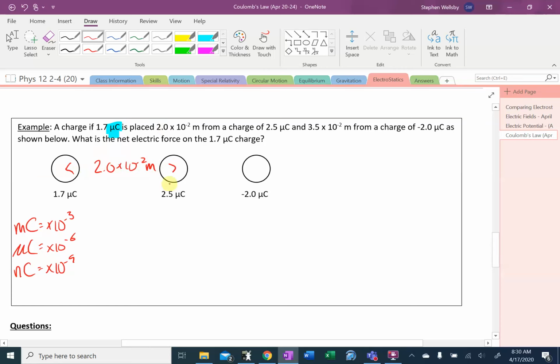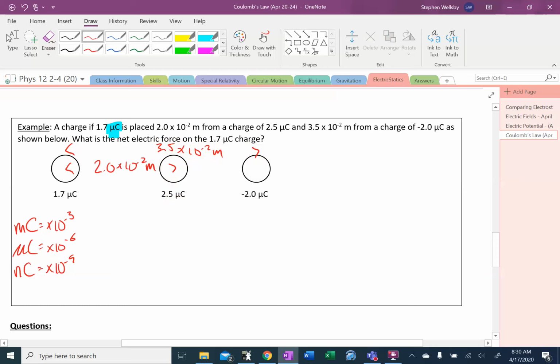And then we've got a 2.5 microcoulomb charge, 2 centimeters away. And then we've got 3.5 centimeters, or times 10 to the minus 2 meters. We've got a charge of minus 2 microcoulombs.